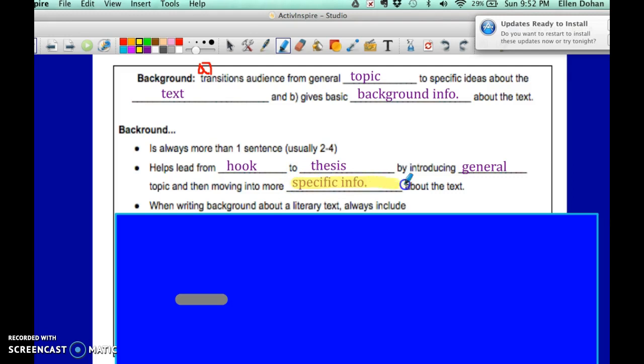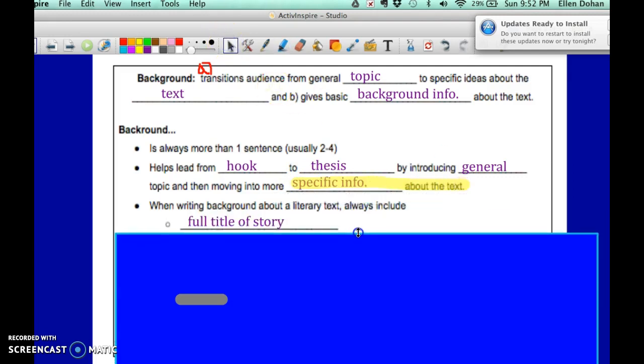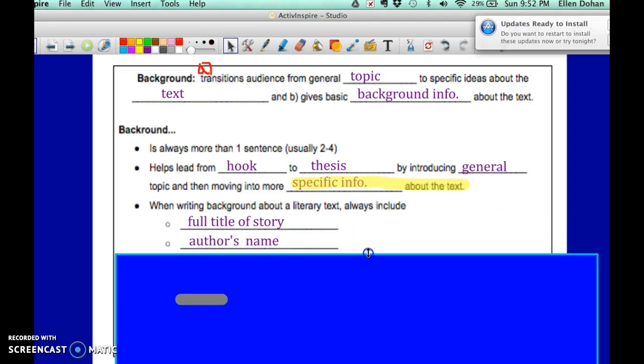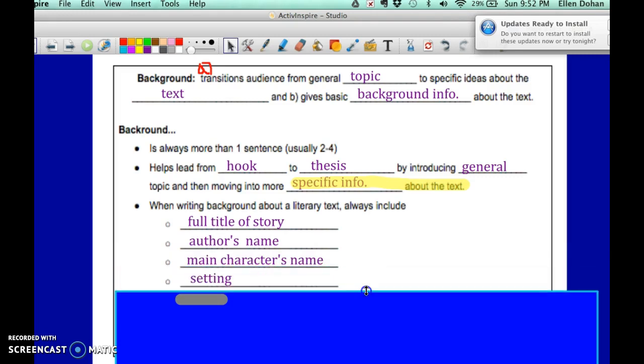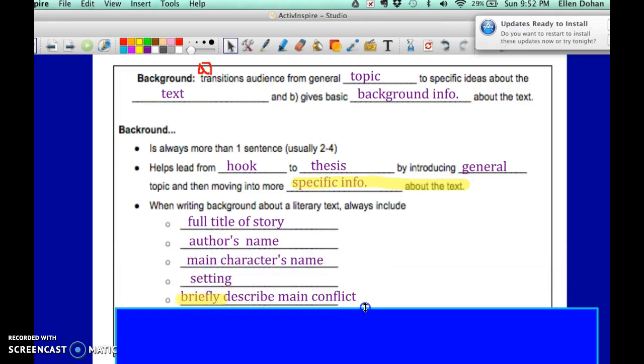When I say more specific information about the text, I actually mean stuff like the title of the story, the author's name, first and last, and in this case, middle, the main character's name, setting, and a brief description of the main conflict. Not a whole summary of what happened in the story, but what's going on, the main conflict.